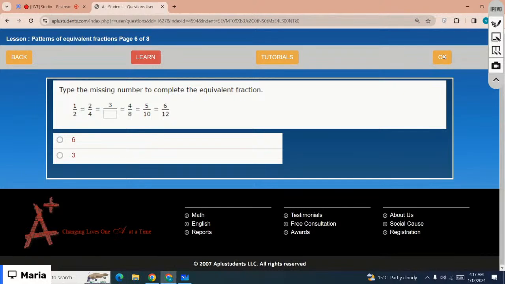The next one is type the missing number to complete the equivalent fraction. Which is the correct option?